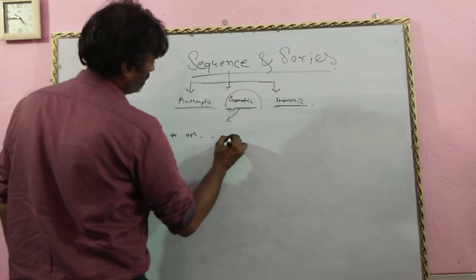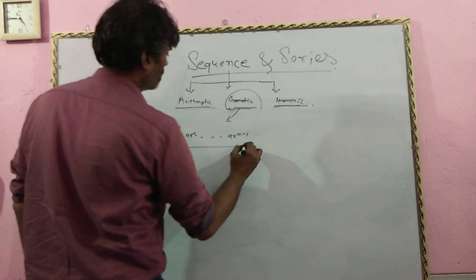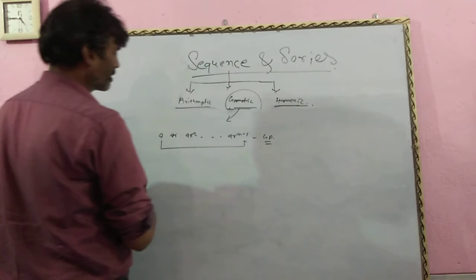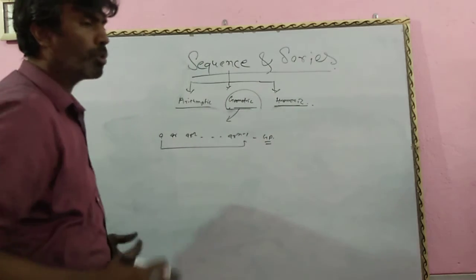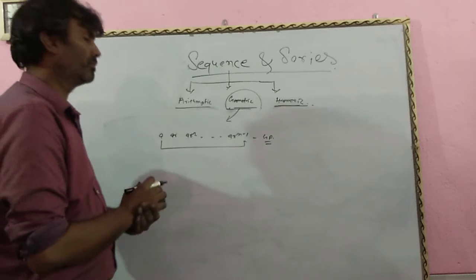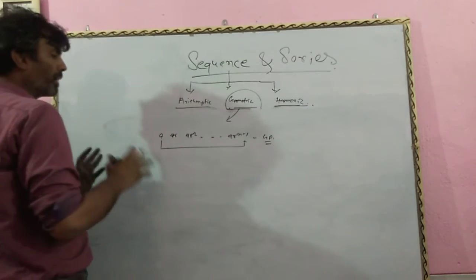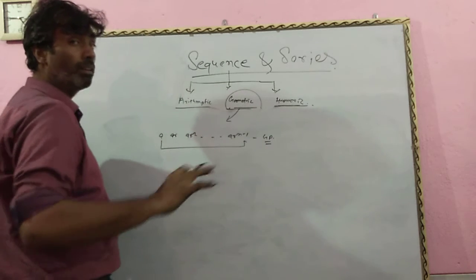a, ar, ar square, ar to the power n minus 1. This is a geometric progression. This comes under geometric progression because the ratio of any two terms will be equal.